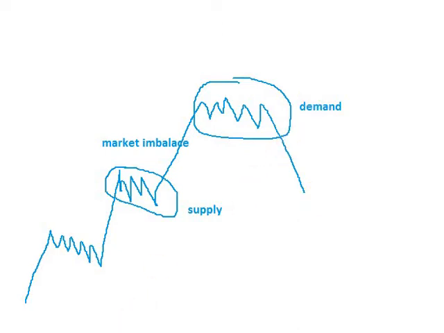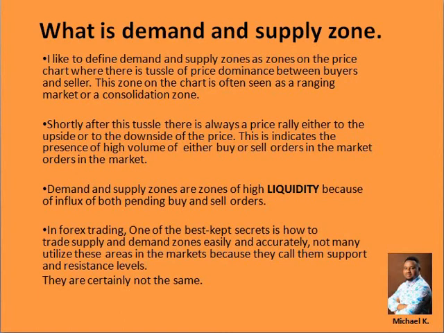So let's go back to our slide. I said I like to define demand and supply zones as zones on the price chart where there is a tussle of price dominance between the buyers and the sellers. This zone on the chart is often seen as a ranging market or a consolidation zone, like I have shown you.